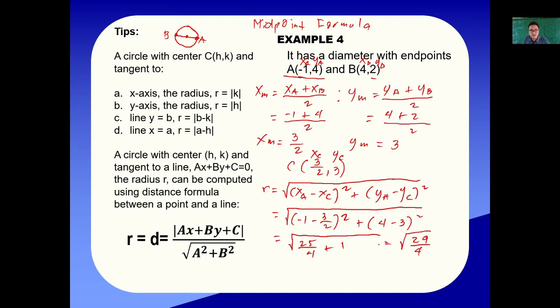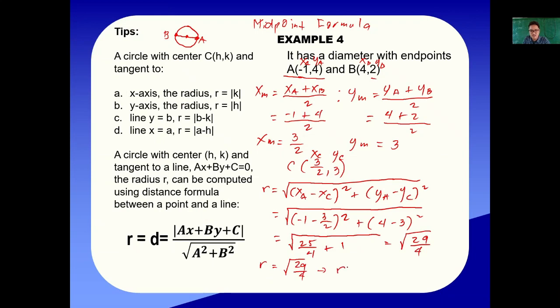That is our radius. R is equal to the square root of 29 all over 4. Ito na ba yun? Hindi pa. I-simplify pa yan natin.